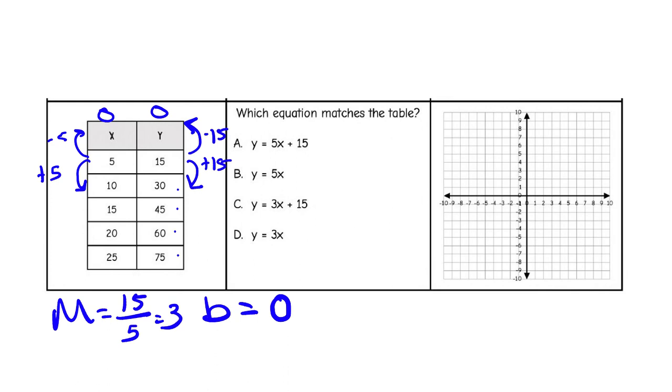And so let's go, y equals mx plus b. Well, if b is 0, I don't need to say plus 0. That would cancel out. So y equals mx. Well, if it crosses at 0, I know it's going to be proportional. So y equals 3x.